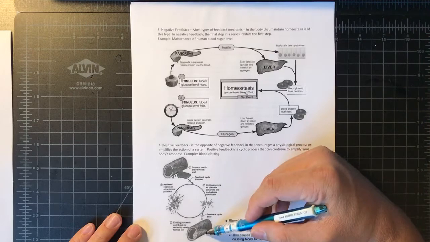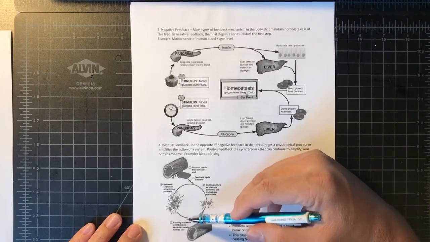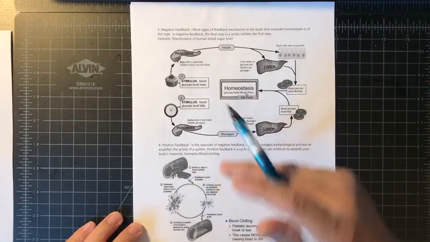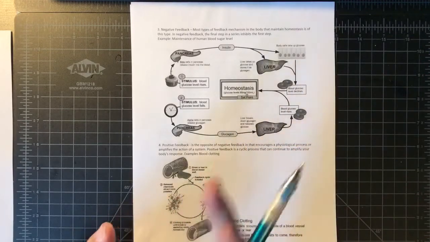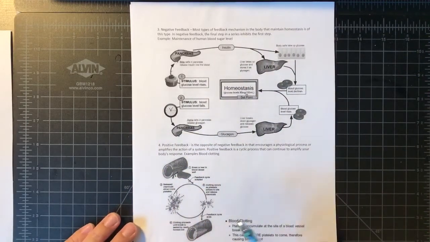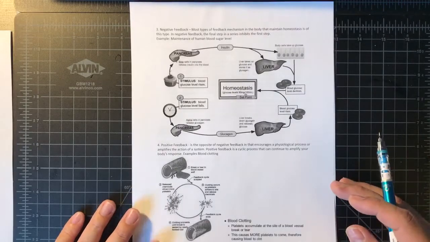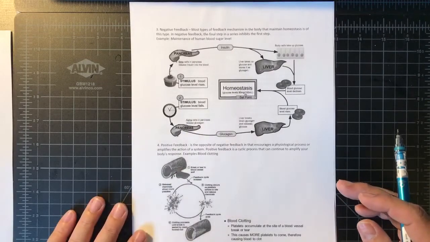Then clotting will start to adhere to the broken area. And when that starts to occur, it will cause even more clotting to occur. So it will clot, clot, clot. So you're going one direction and then furthermore in the same direction. Okay, you're not going opposite. All right, you're going more. So blood clotting is an example of positive feedback. Another example is swelling.